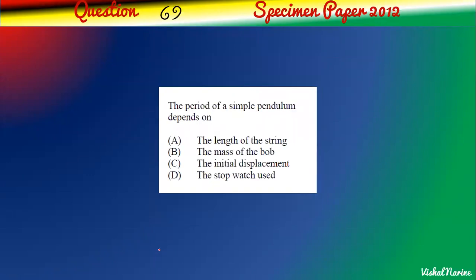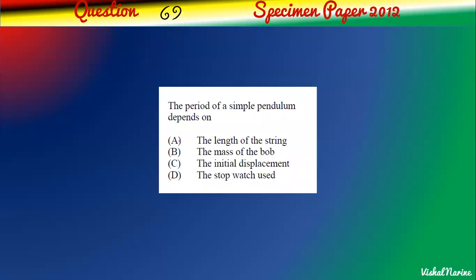69. The period of a simple pendulum depends on... So correct.